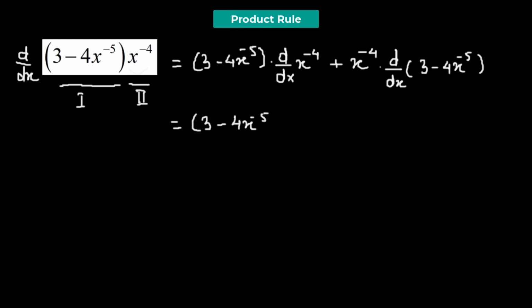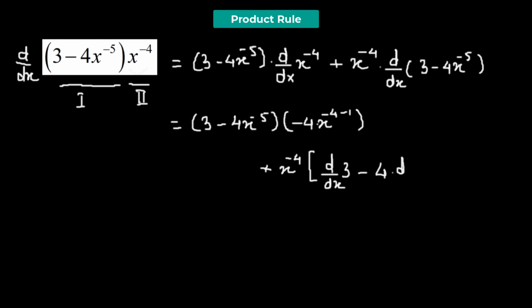which will be 3 minus 4x raised to the power of negative 5 times negative 4 times x raised to the power of negative 4 minus 1, plus x raised to the power of negative 4 multiplied to the derivative of 3 minus 4 times the derivative of x raised to the power of negative 5.